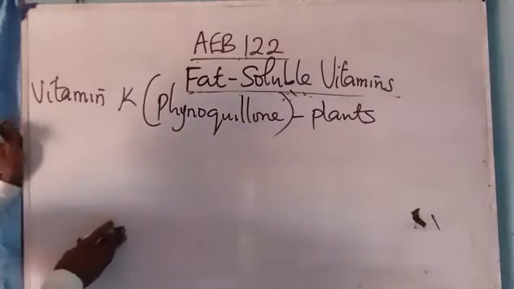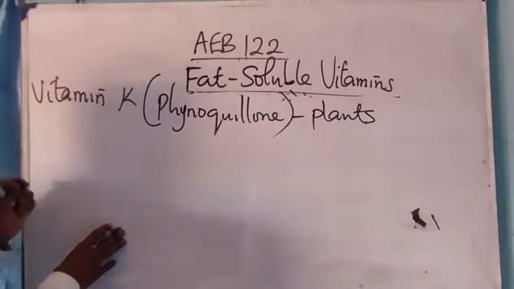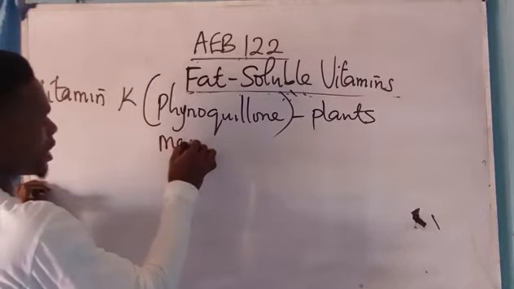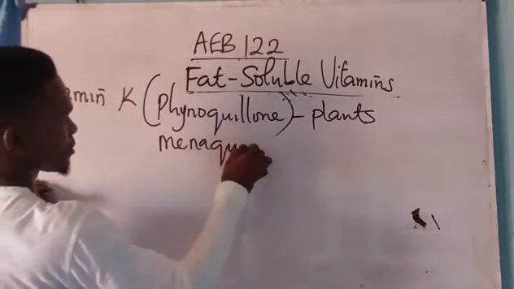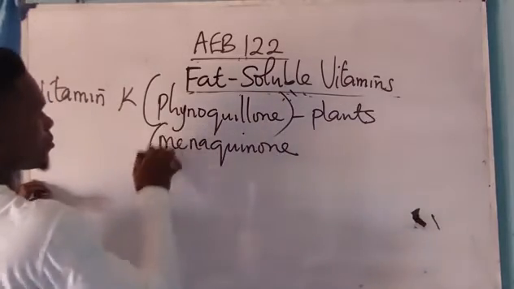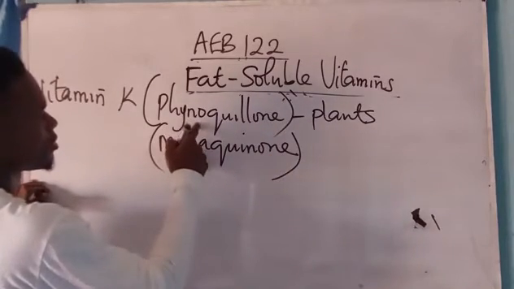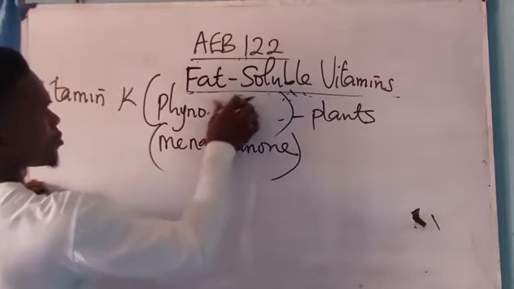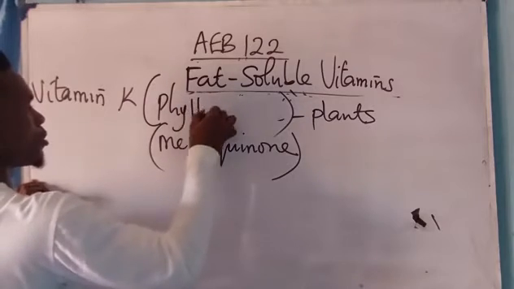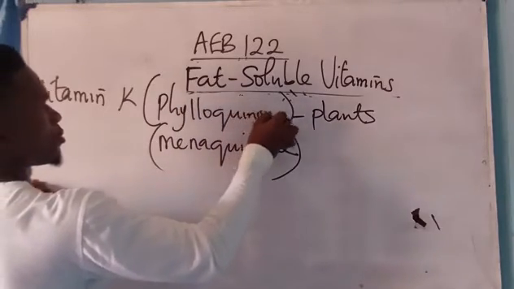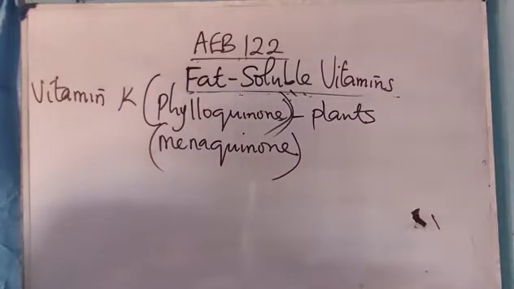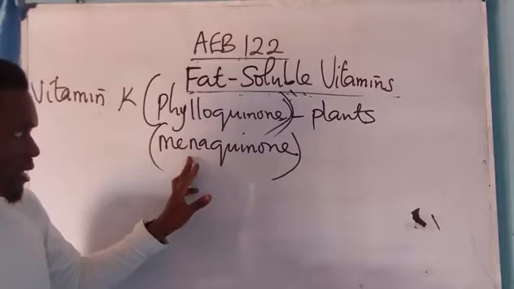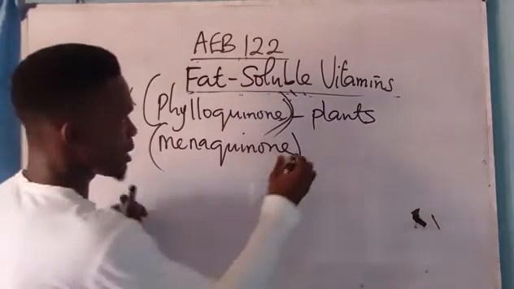But the one synthesized by bacteria, using 5 carbon atoms, is called what? Menaquinone. Phenoquinone is the one synthesized by plants, while menaquinone is synthesized by what? Bacteria.